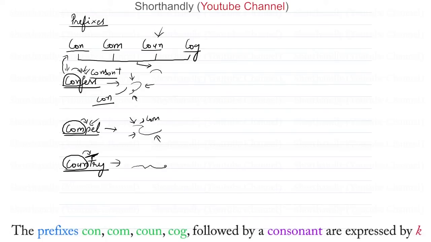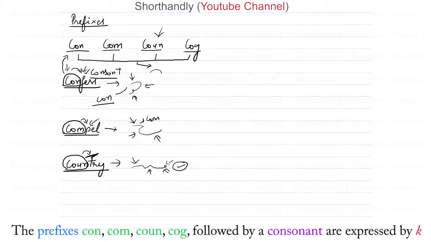This is our k, which is of course coun. Then we have this t, which is a short stroke. Then we finally made this r, which is a short curve. Then we have this vowel. So this is our word country.